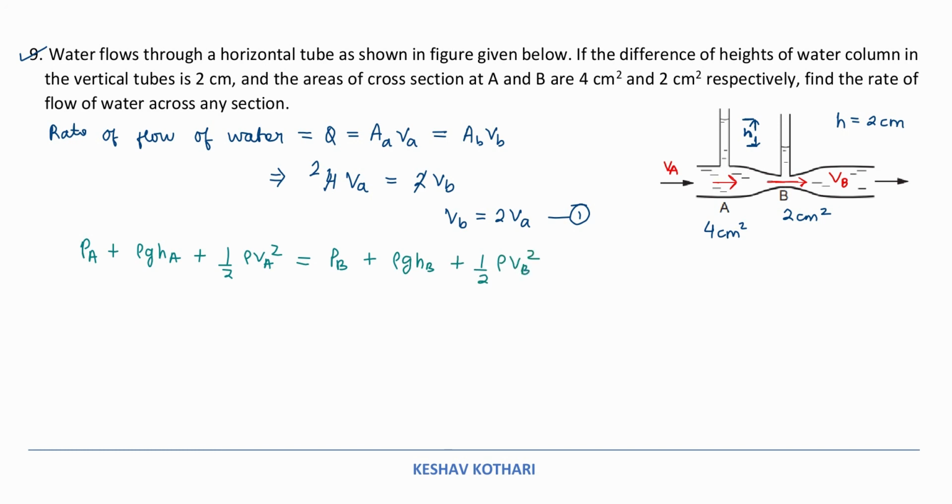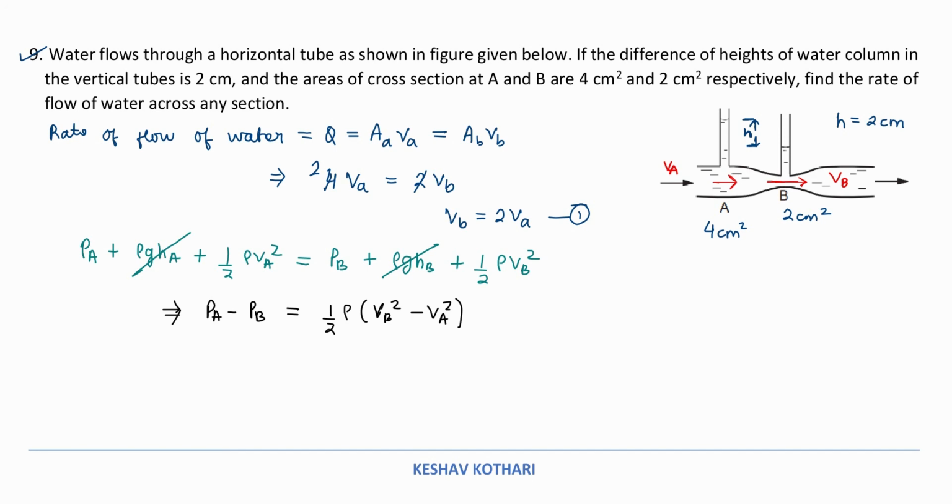Now since both A and B are at the same reference level, so I can say that rho g HA and rho g HB will cancel each other out. And the next aspect which I can write is pressure at A minus pressure at B is equal to half rho into velocity at B square minus velocity of A square.